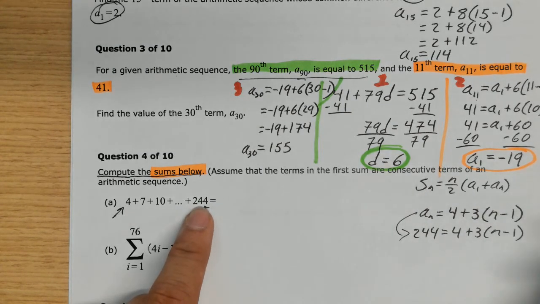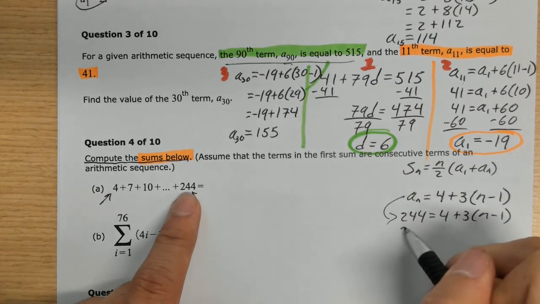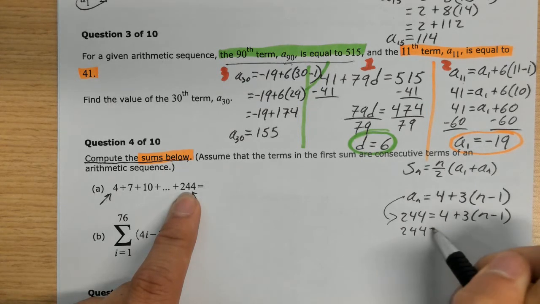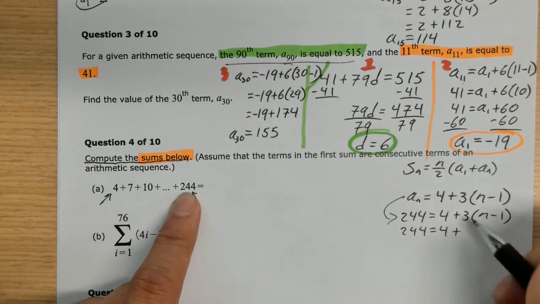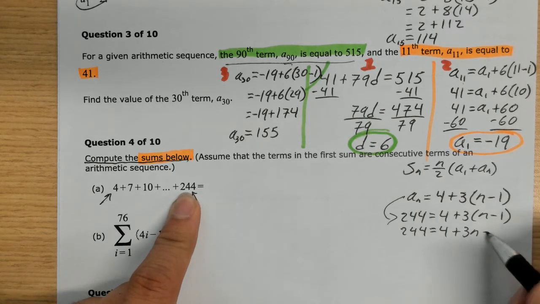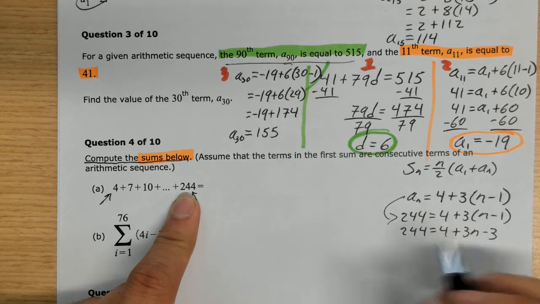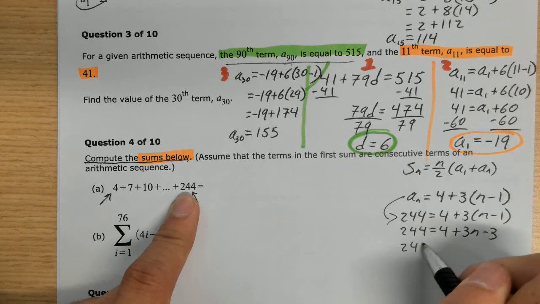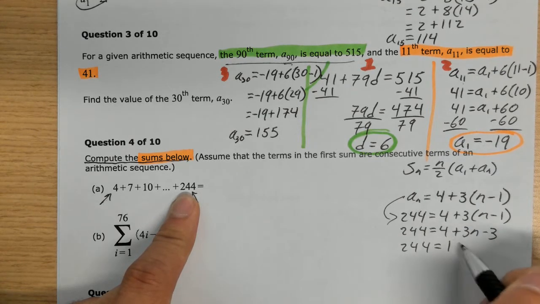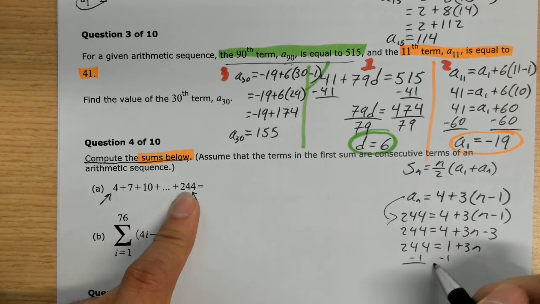All right, solving for n, it'll be 244 equals 4 plus 3 times n, that'll be 3n, and 3 times minus 1, that'll be minus 3. I want to leave n by itself. So 4 and minus 3 will be 1, 1 plus 3n. Let me subtract 1 from both sides.